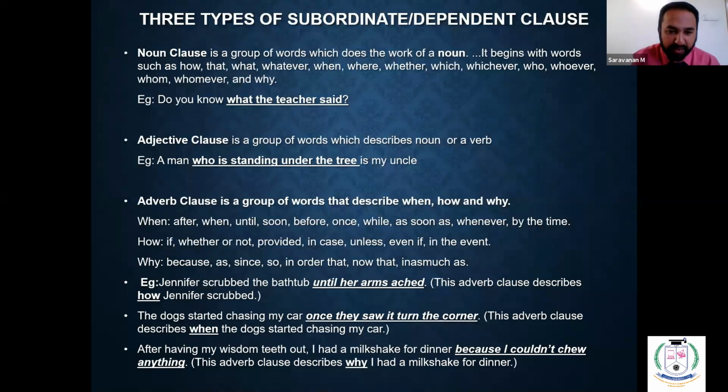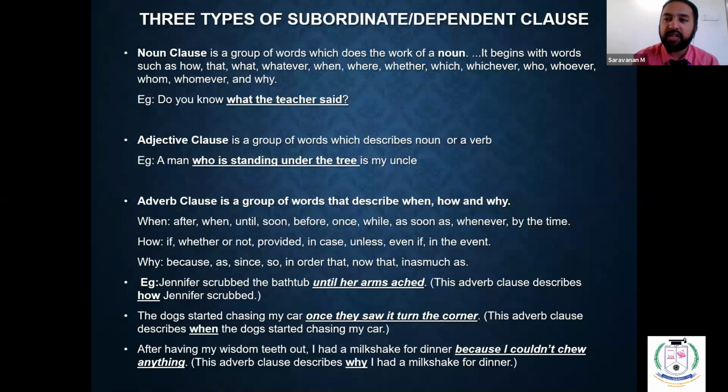Now, see the next example. After having my wisdom tooth out, that is the tooth which is over here in the last one. Okay. After having my wisdom tooth out, I had a milkshake for dinner because I couldn't chew anything. Because I couldn't chew anything. That describes why did you sip the milkshake?